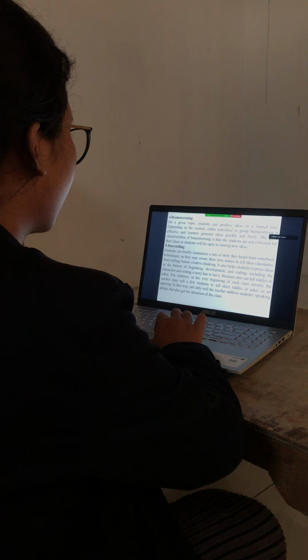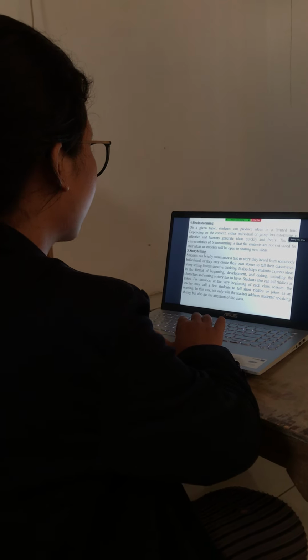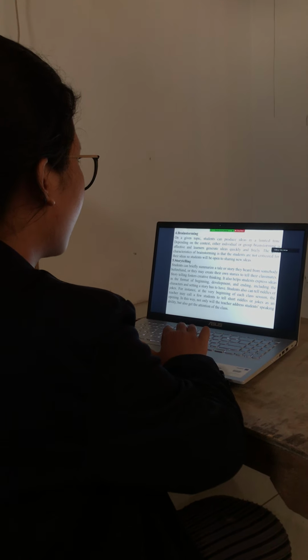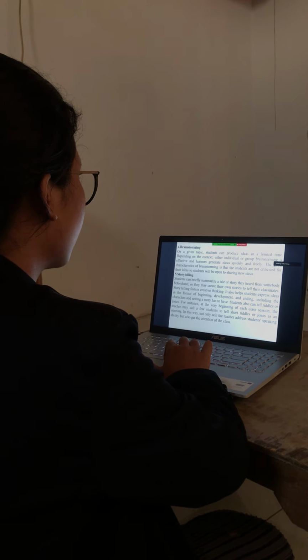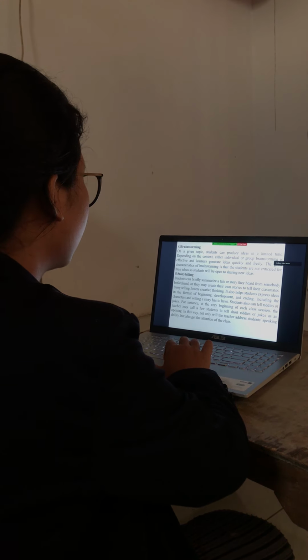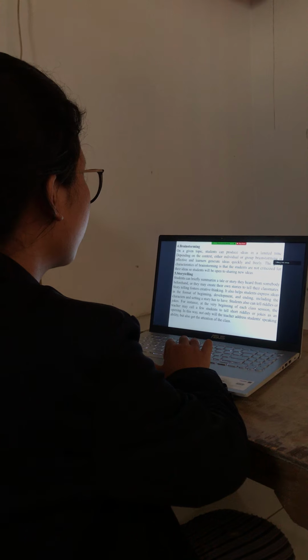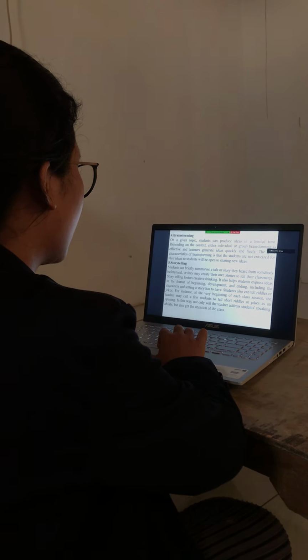Depending on the context, either individual or group brainstorming is effective, and learners create ideas quickly and freely. The characteristic of brainstorming is that the students are not critics of their ideas, so students will be open to sharing new ideas.